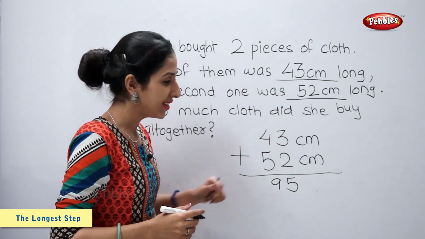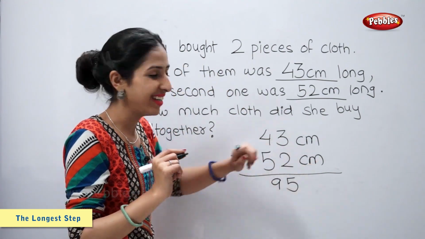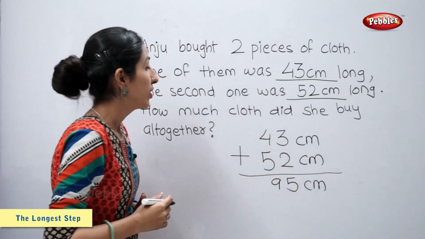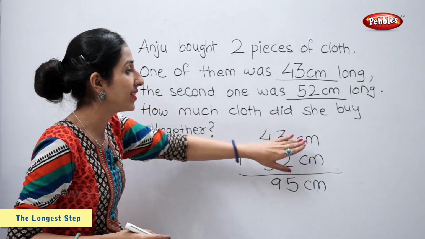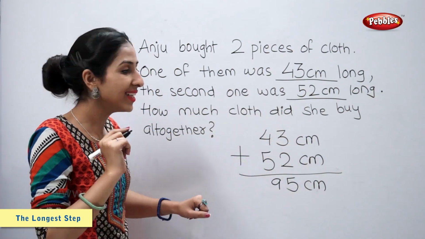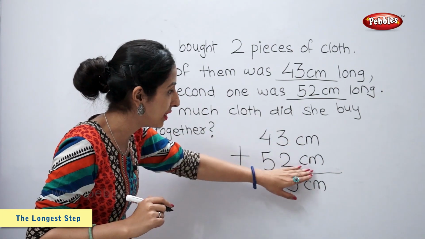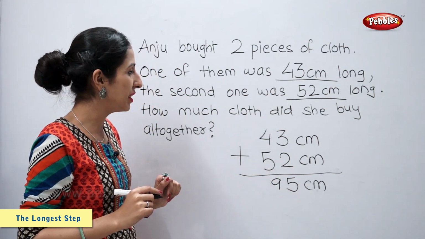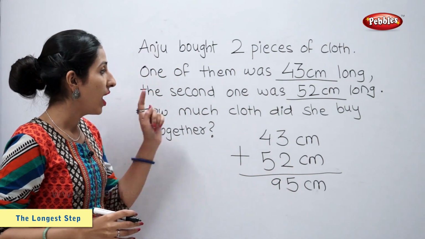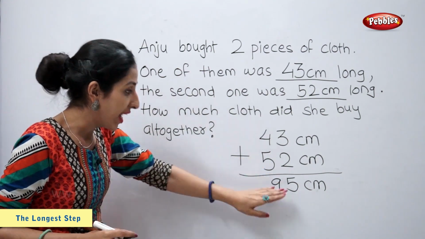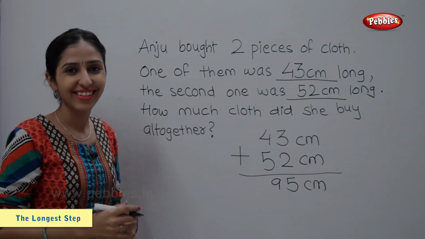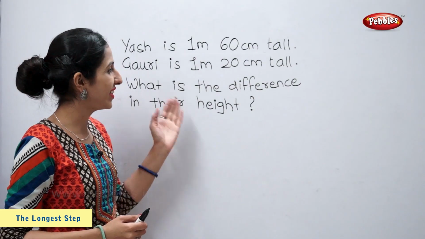The unit is centimeter. So, 43 centimeters plus 52 centimeters is equal to 95 centimeters. So, Anju bought 95 centimeters of cloth altogether. Let's solve this example.